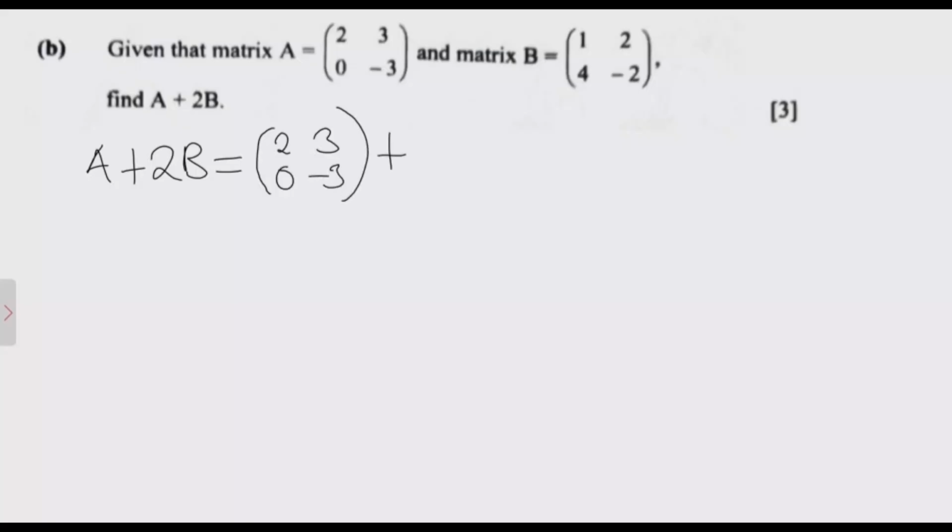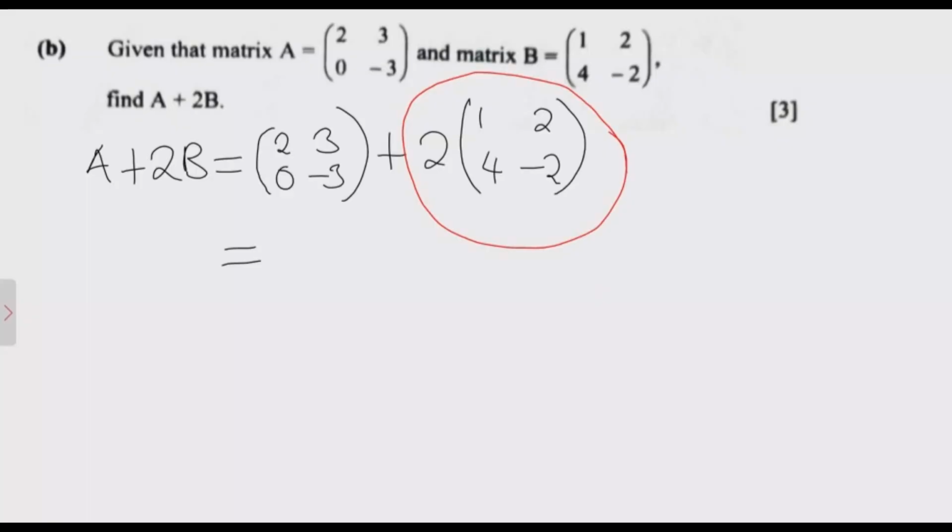Then we say plus, then we put 2, then we open, we say 1, 4, 2, negative 2, close bracket, like that. Now once we do this, the next thing is to say equal to; first I need to evaluate this.